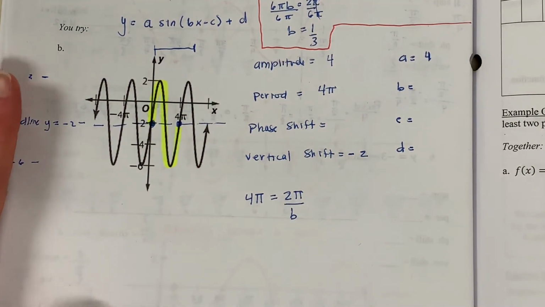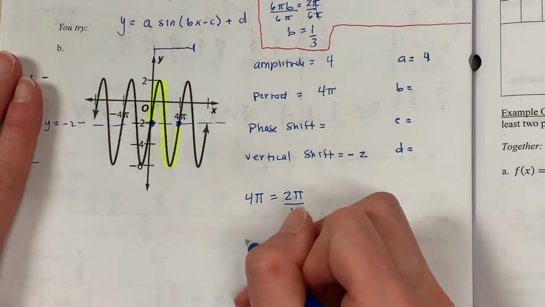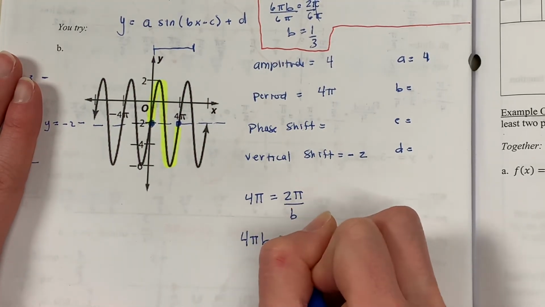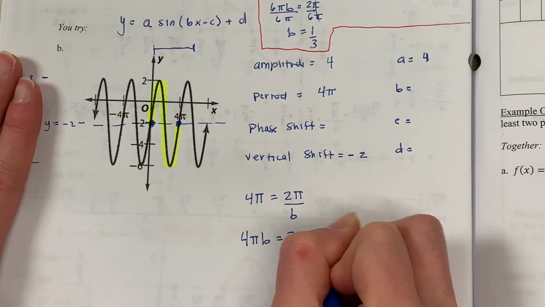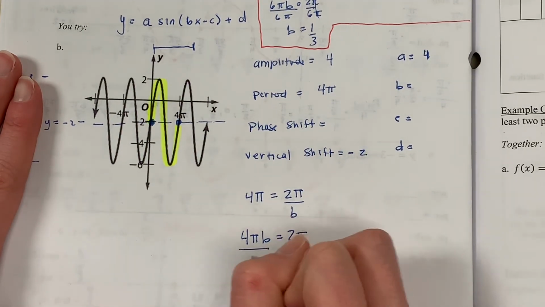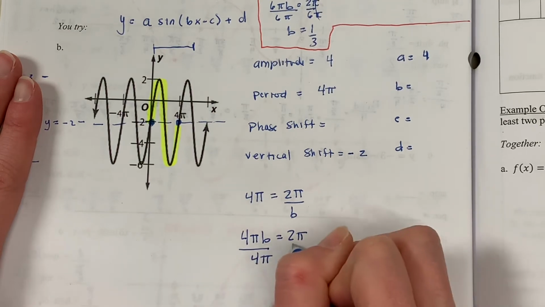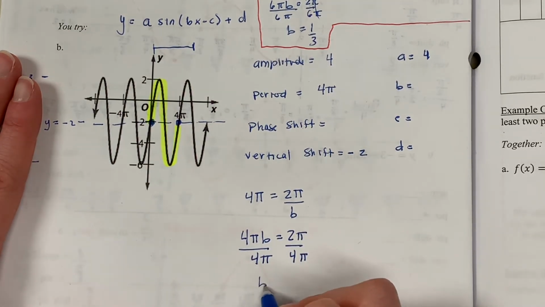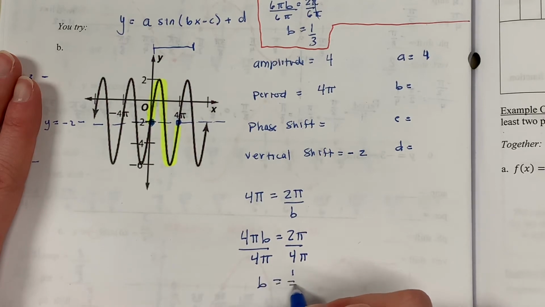The opposite of dividing by b is to multiply both sides by b. So we have 4 pi times b is equal to 2 pi. Divide both sides by 4 pi, and I have b is equal to 1/2.